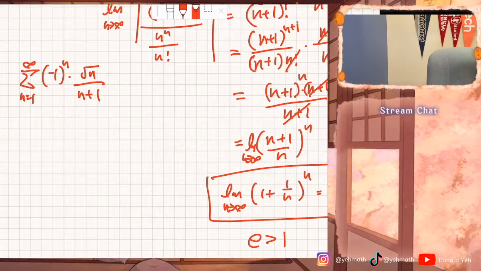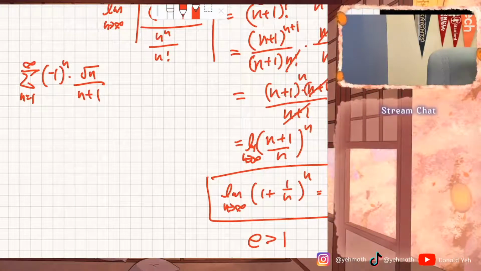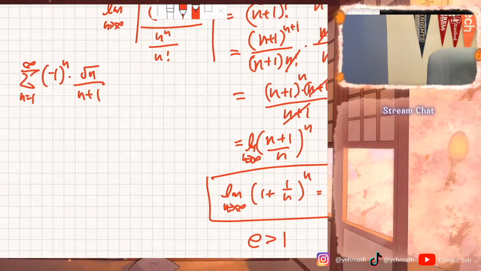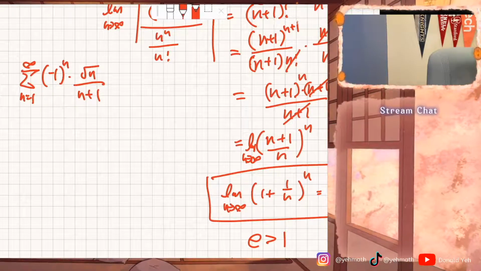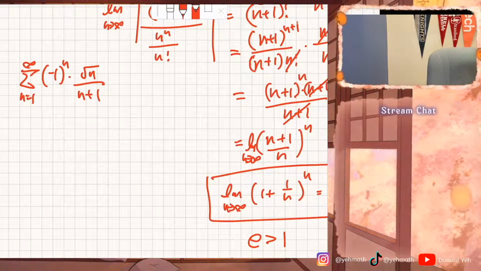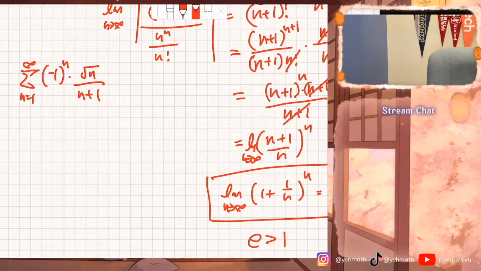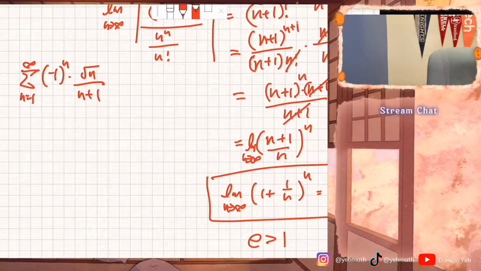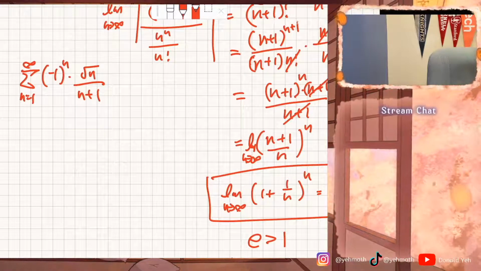I forgot which person asked me. Was it Gabby or somebody? Asked me, what if the ratio test fails? Was that Nicole? Yeah. So we're gonna talk about this case. This case is a fail case. What is a fail? It's equal to 1. If it's greater than 1, it's an automatic diverge.